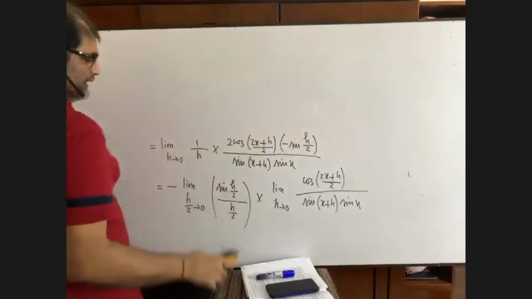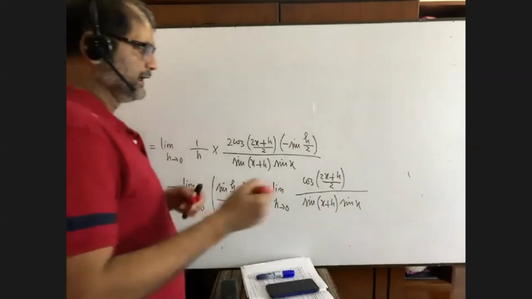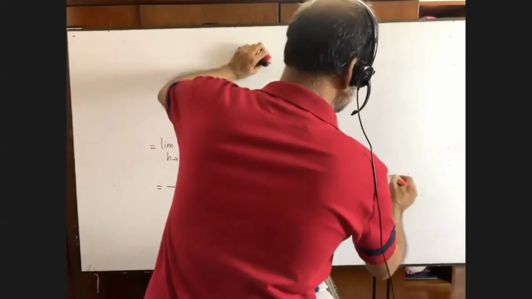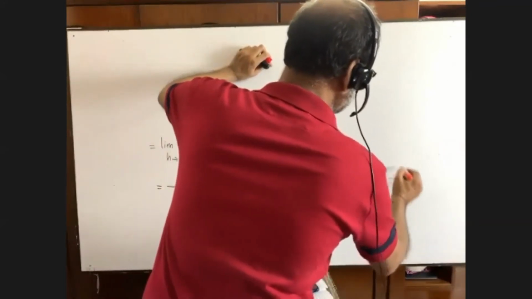The condition is h tends to 0, therefore h by 2 tends to 0.